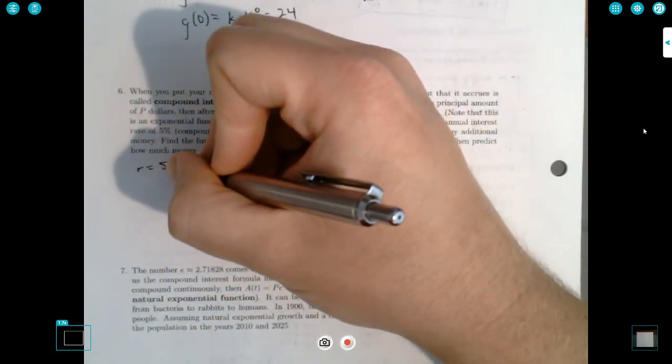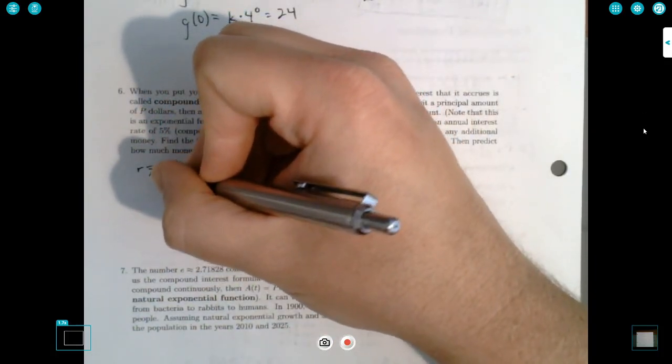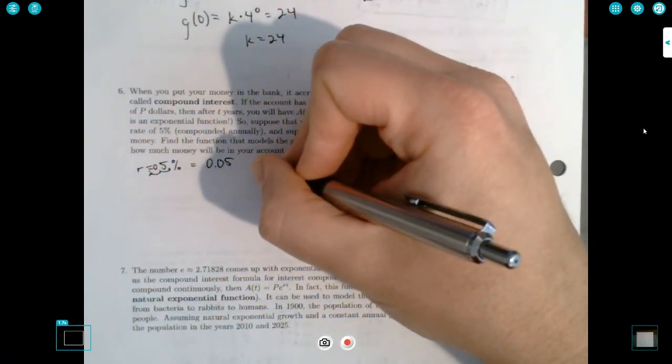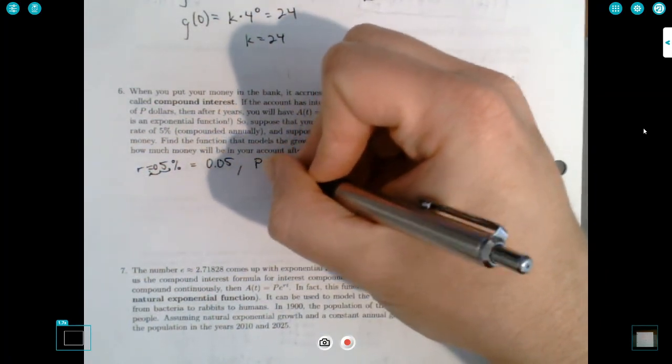Remember, you just take the decimal and move it twice, and you've got to have a little 0 there. So it's 0.05. We also know that the principal amount, P, the amount that you invested in the first place, was $200.